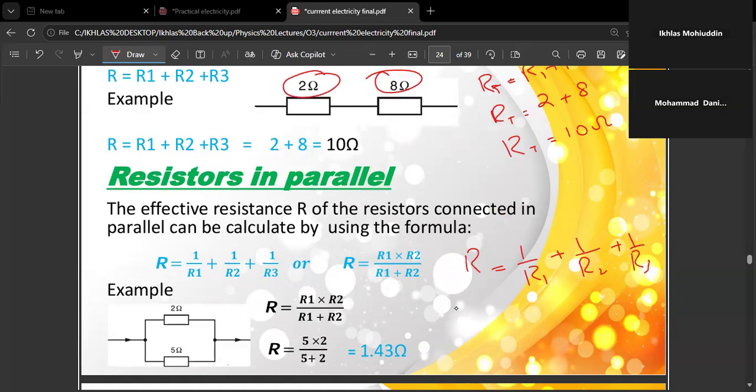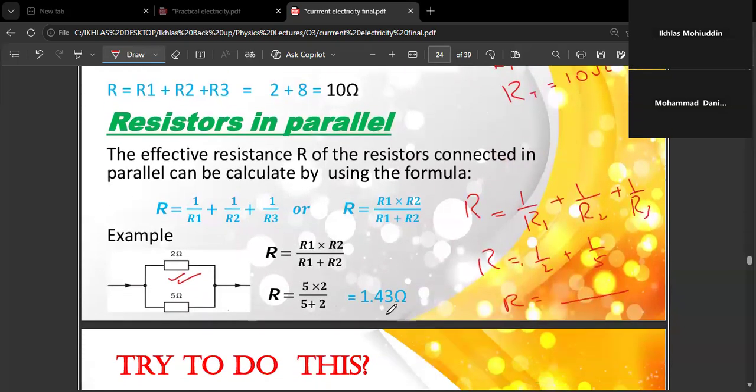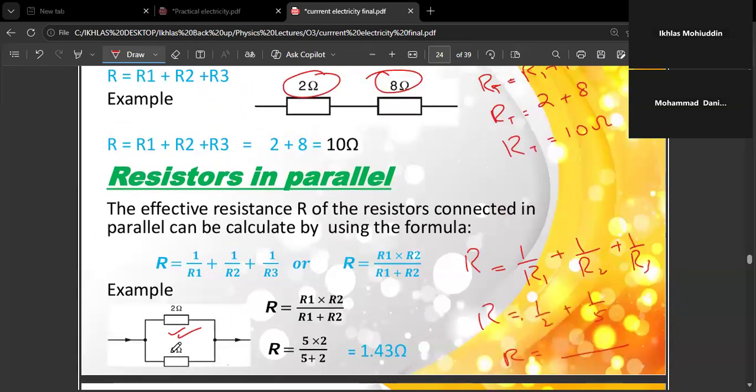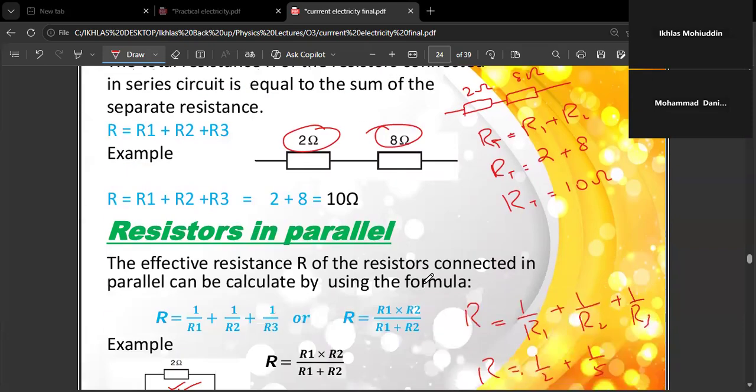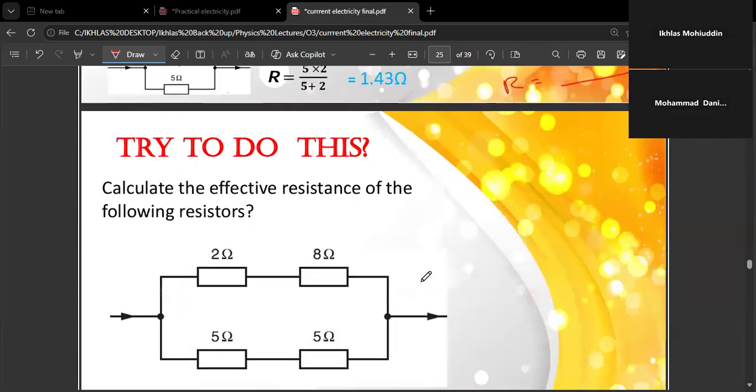So in parallel, the circuit would look like this: 1 over 2 plus 1 over 5, and the value of the total resistance would be 1.343. So in parallel, the resistors would be connected like this, and in a series circuit, the resistors would be connected in a single line, right? So this is how we can connect.